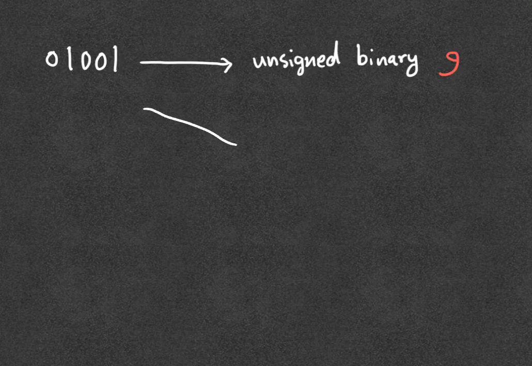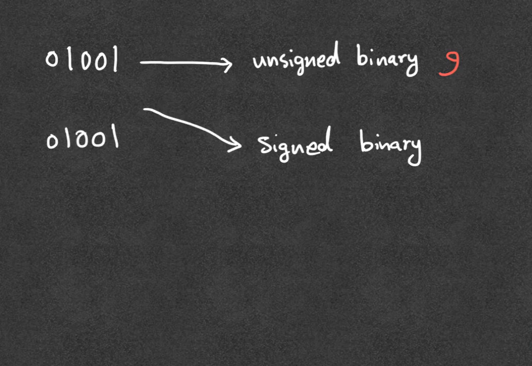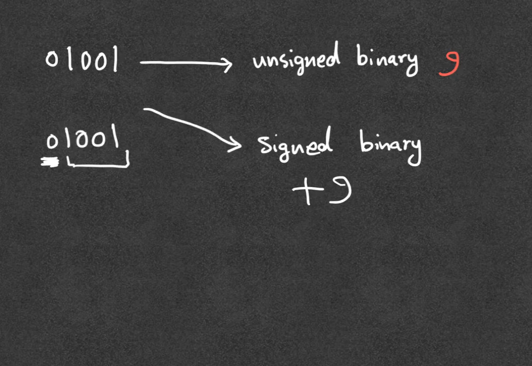But if it's a signed number, in the signed binary the leftmost bit represents your sign. If it's 0, it's positive, and if it's 1, it's going to give you a negative number. And then the rest of the number gives you your number, which is again 9. So it's going to be plus 9.